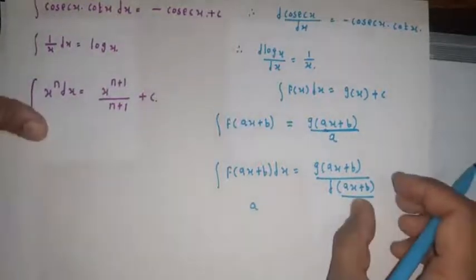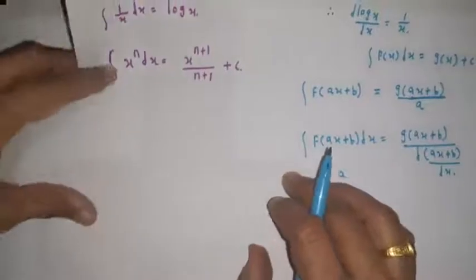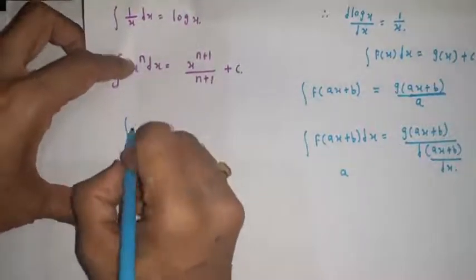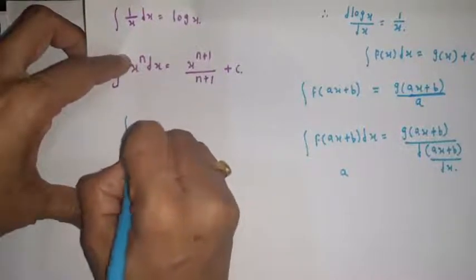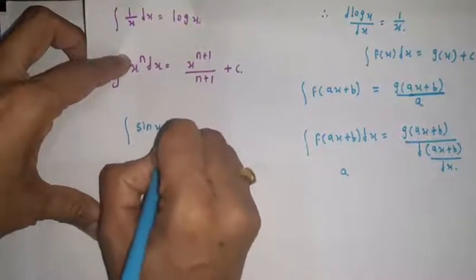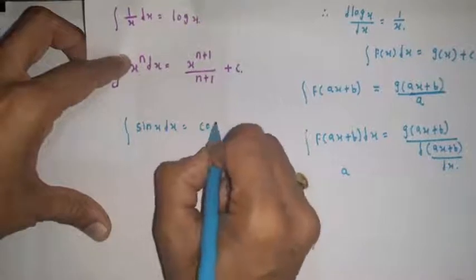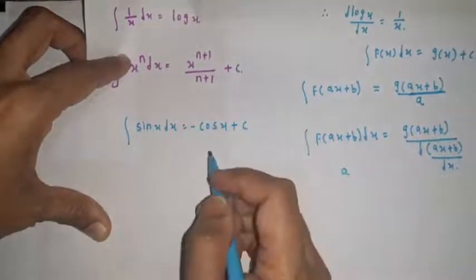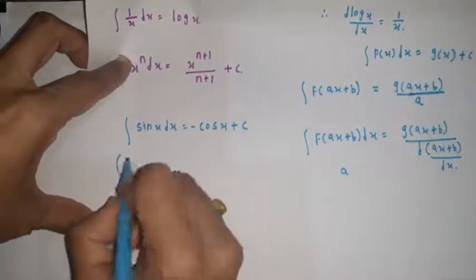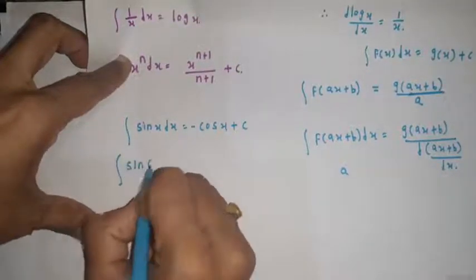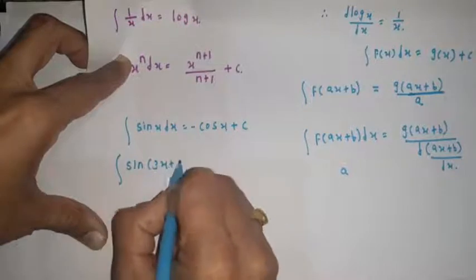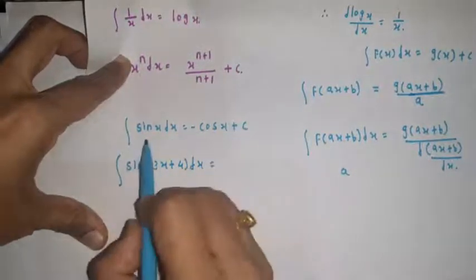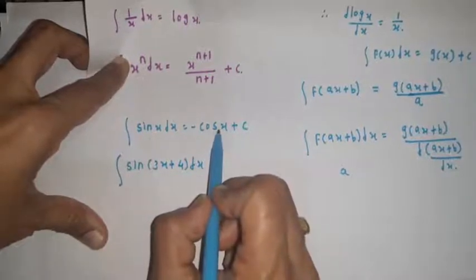Okay students, now suppose for example see, suppose you know that integration of sine of x with respect to x is minus cos x plus constant of integration c. Okay, and now suppose sine of 3x plus 4 is the function that we have to integrate. The integration of sine of x is minus cos x.